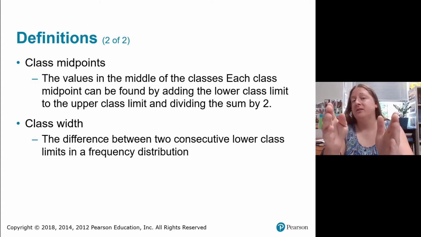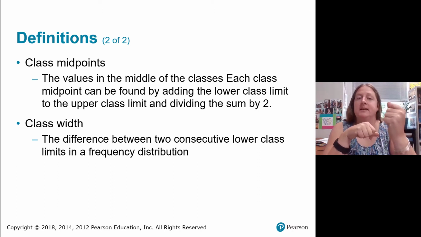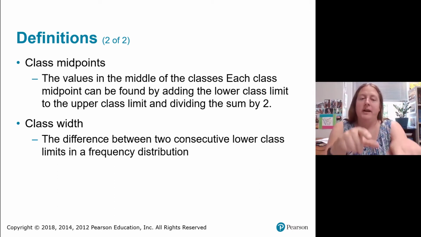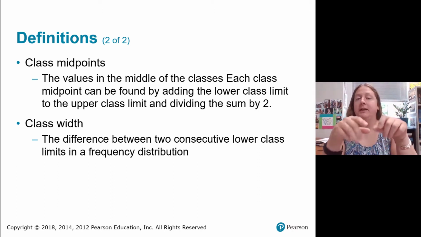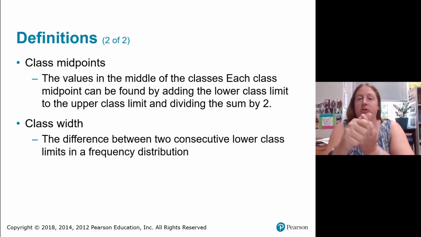We do 4 minus 2, and we get 2. But in our class, the numbers 2, 3, and 4 were all allowed to be there, so we actually should have 3. That's why we take the two lower class limits, and that shows us the entirety, how many different data values can be in that single class. That's our class width.